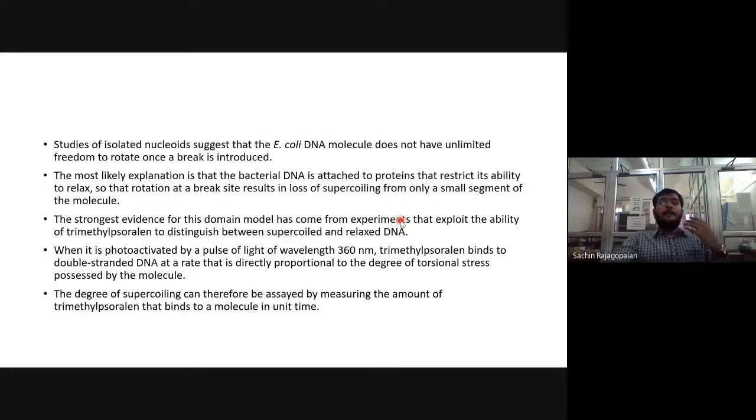Now, please understand that supercoiling can continue till the point of time your DNA is intact. If your DNA is not intact, if there is a break introduced in the DNA, then they do not have freedom to carry out supercoiling to a great extent. They can carry out supercoiling effectively till the time DNA is intact.